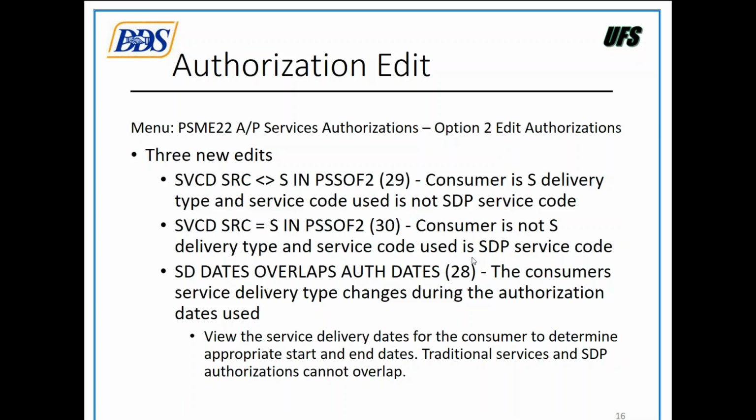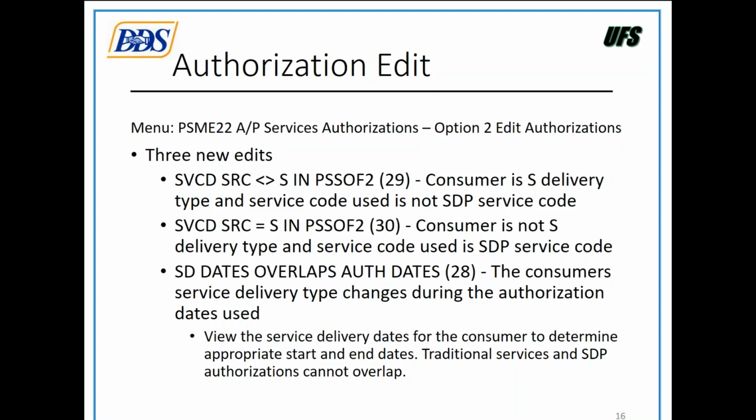The second edit is the service code source equals S in that file, and this is when the consumer is not a self-determination delivery type and you've used a service code that is part of the SDP program.